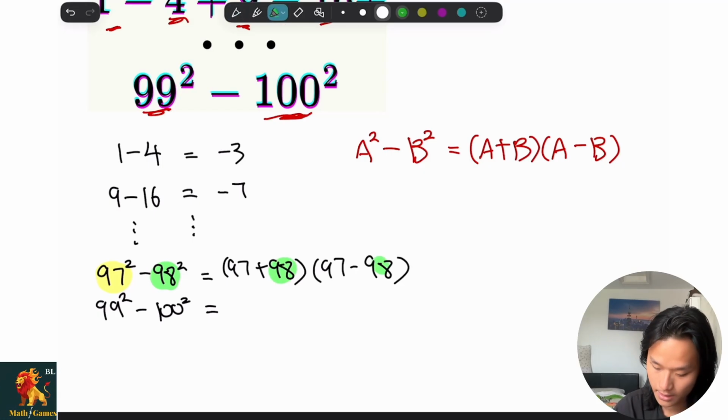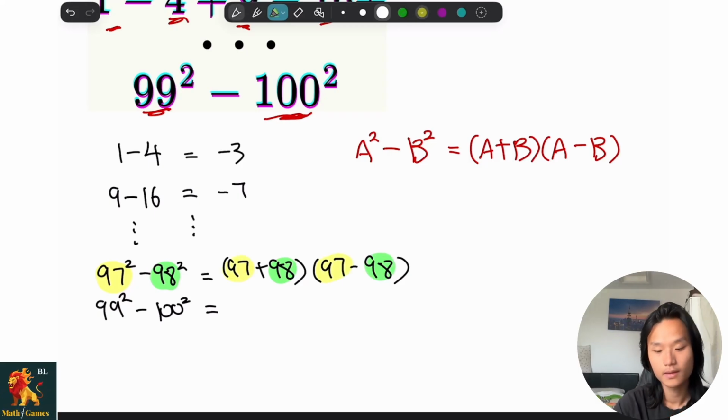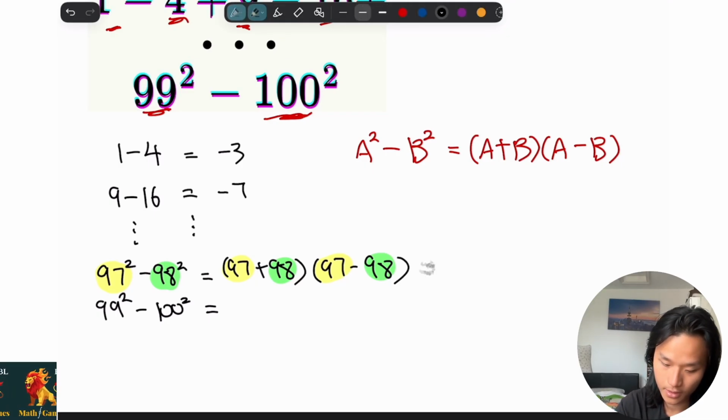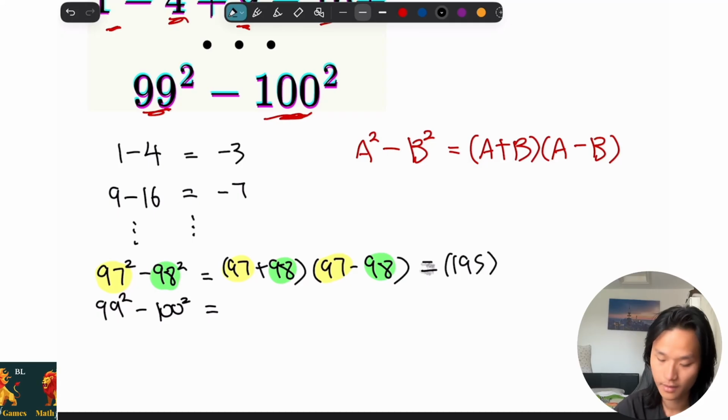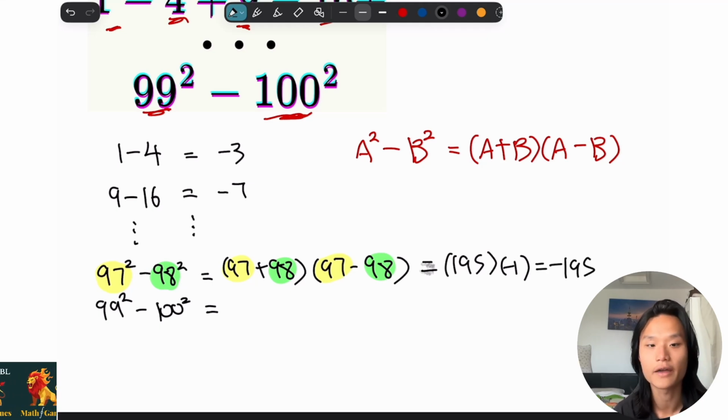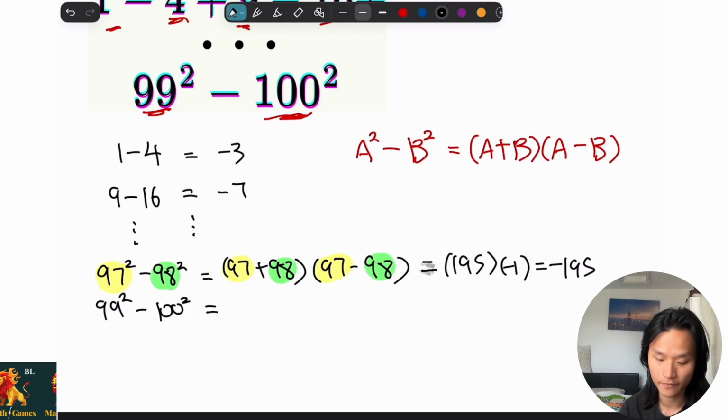Now 97 plus 98, that is, I believe, 180 plus 15, so 195. And then 97 minus 98, that's just minus 1. So here we have minus 195. And then we do the same for 99 squared minus 100 squared.